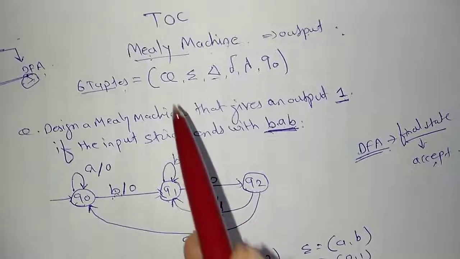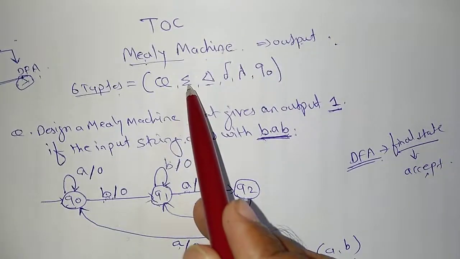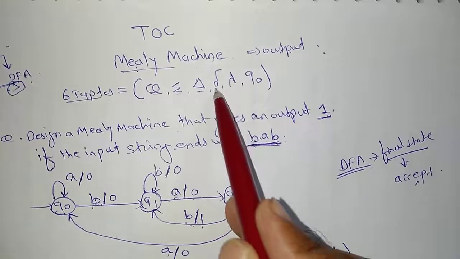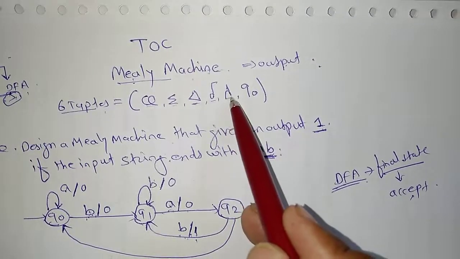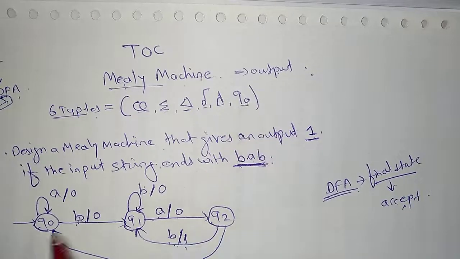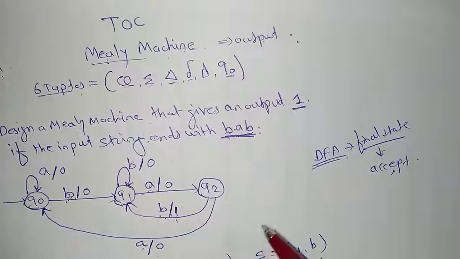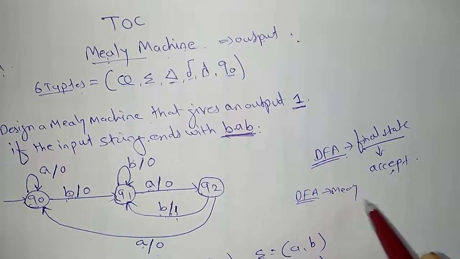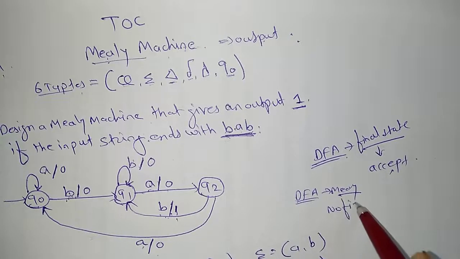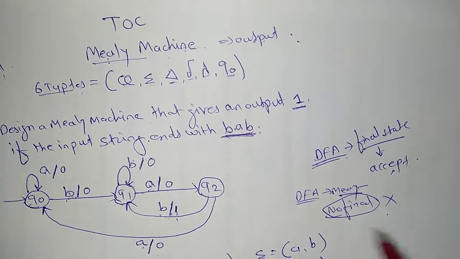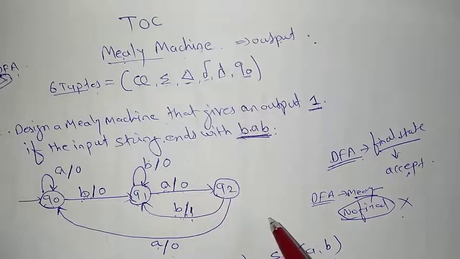The tuples: input, number of states, the output, the transition for the state, the transition for the output symbol, and Q0 the starting state. If we compare DFA with Mealy machine, we will come to know that in Mealy there is no final state, but the output is associated with every transition.